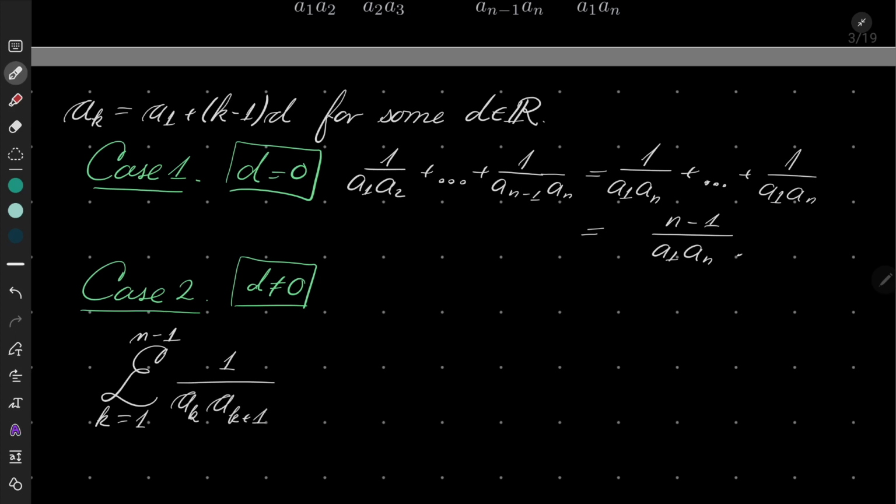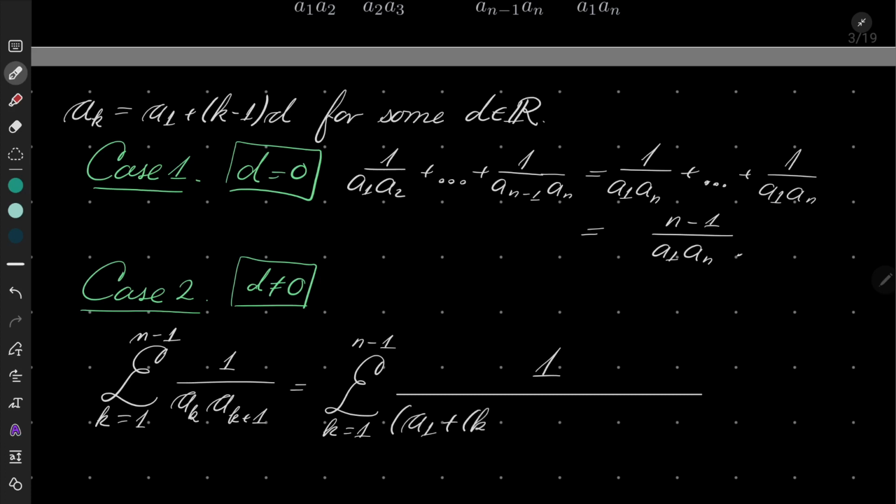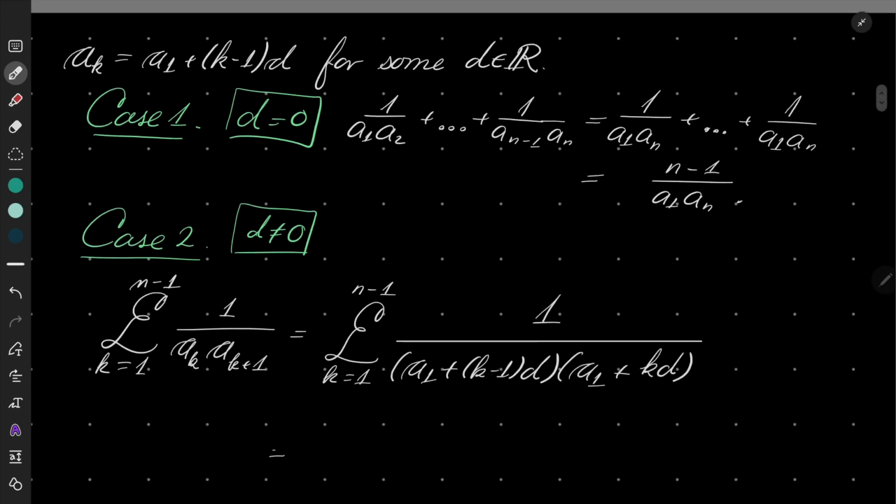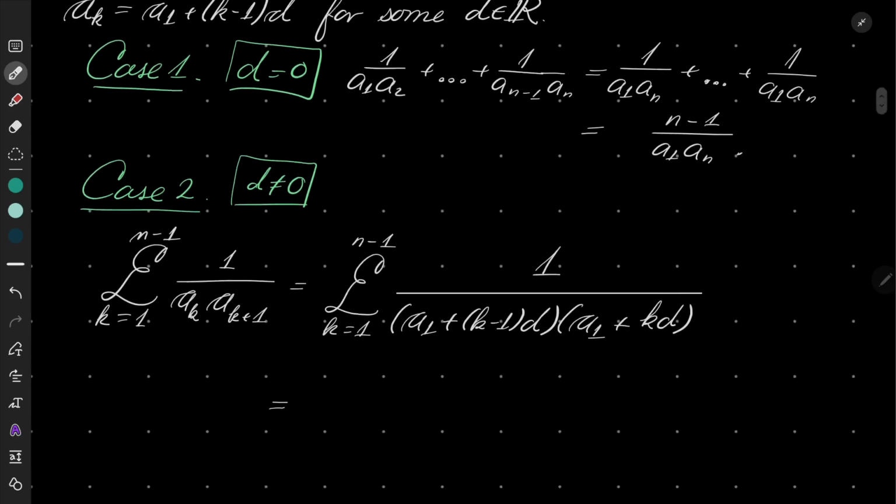Now we can substitute our formula for the kth term of our progression, and we will get a1 plus k minus 1 d, times a1 plus kd.